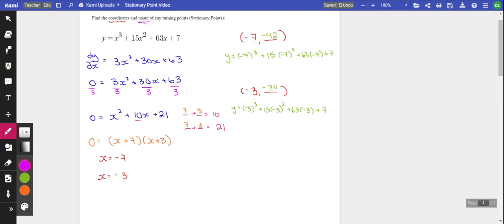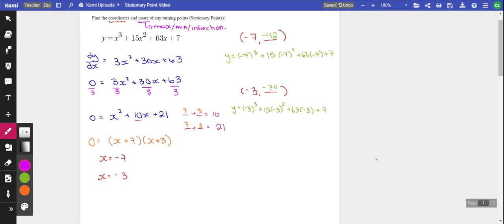So the nature means, is it a max? Is it a min? Or that other one that we have sometimes, which is the inflection point. So the way to figure out if we're max, min, or inflection, we need to know what happens before and after these values.